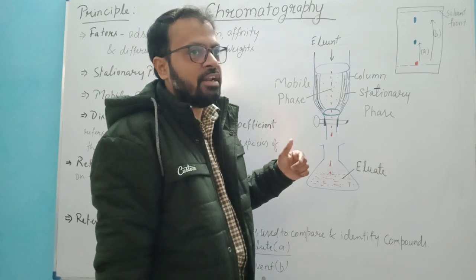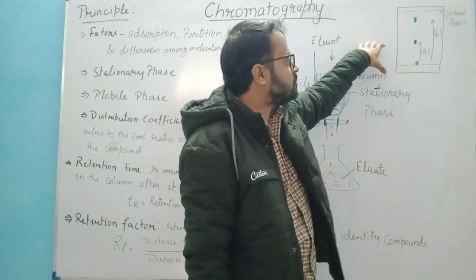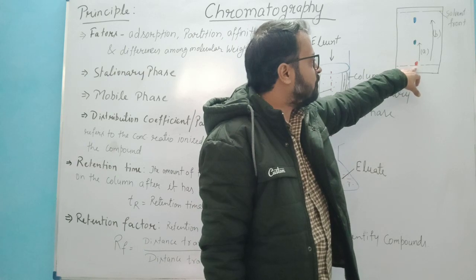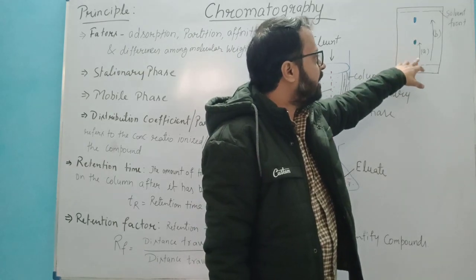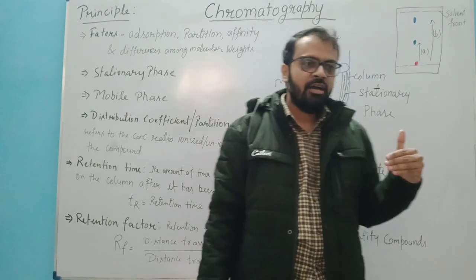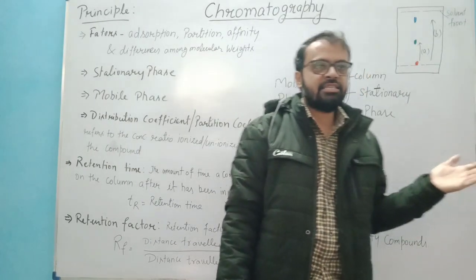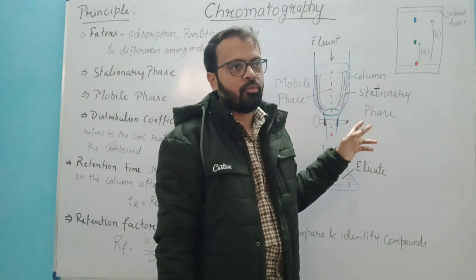In the case of thin layer chromatography, suppose this is the spot of a mixture, and after some time, when the stationary phase passes, this is the example of thin layer chromatography.